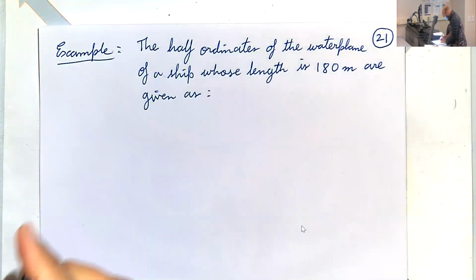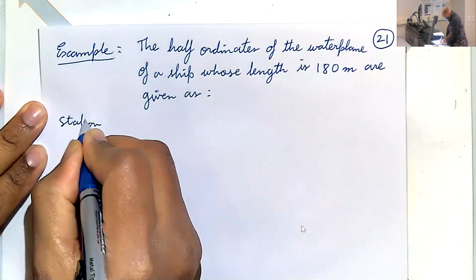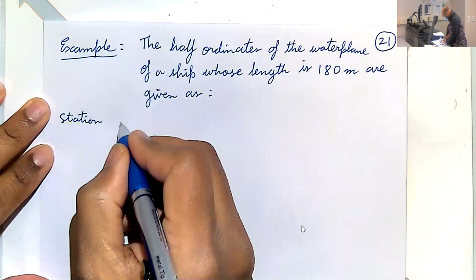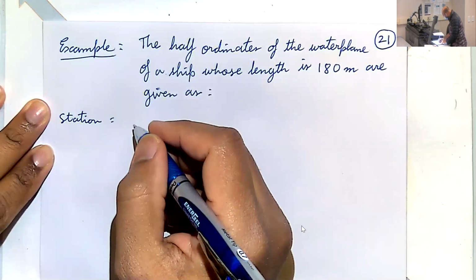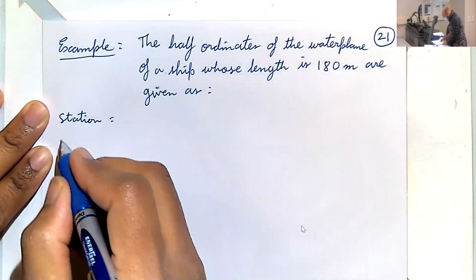Okay, so these values are given here. Let me write station, and the offsets first.